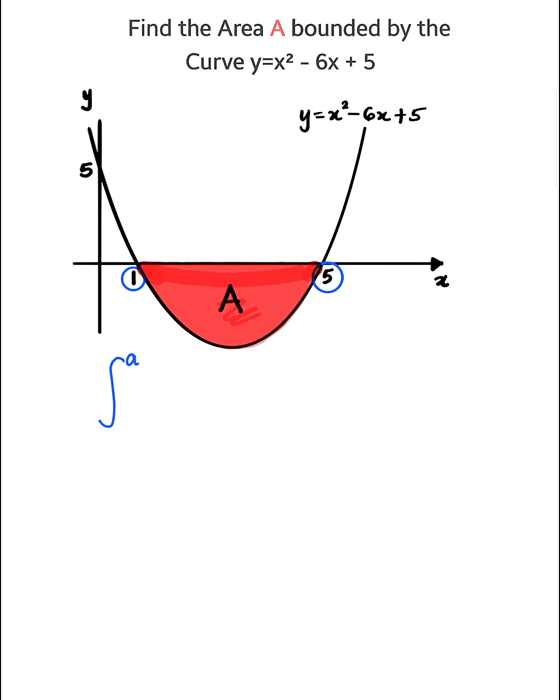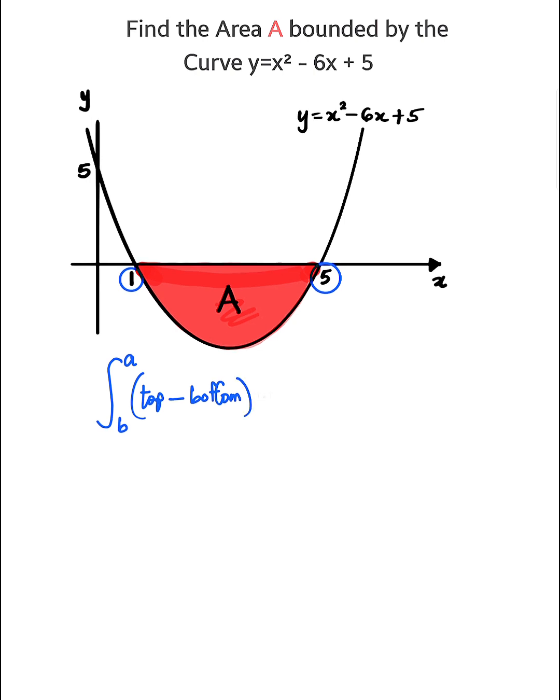Let us recall that a and b, which represent the upper boundary and the lower boundary, then equal the upper function, let's just use top, minus the bottom, the x. Okay, now the question is, where is the top and where is the bottom?